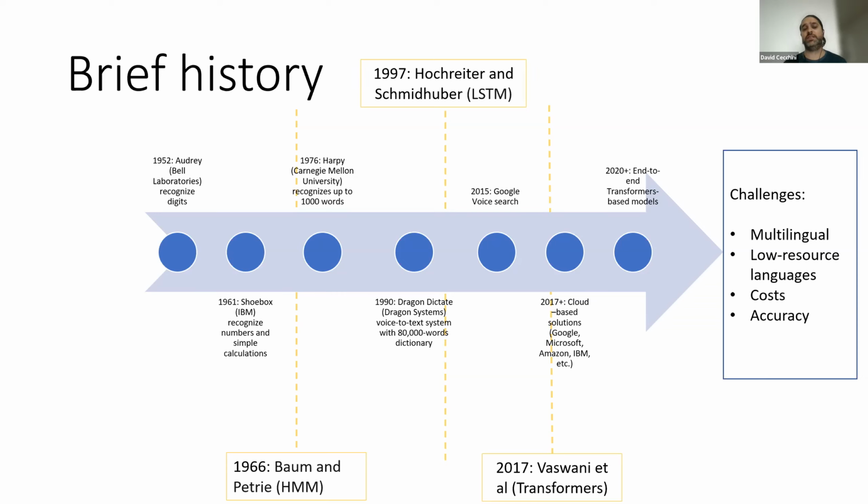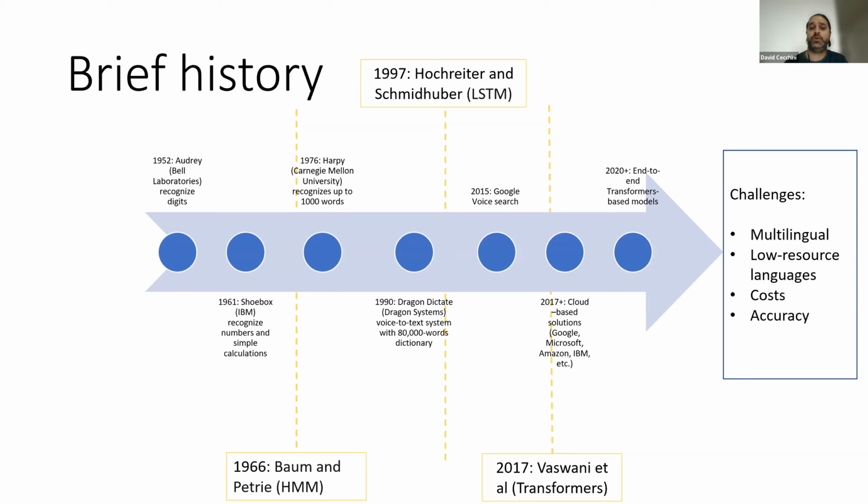So it started with the Bell Laboratories. They had an Audrey model that was able to identify digits. So you could say a phone number, and the system would be able to identify the numbers that you were saying.